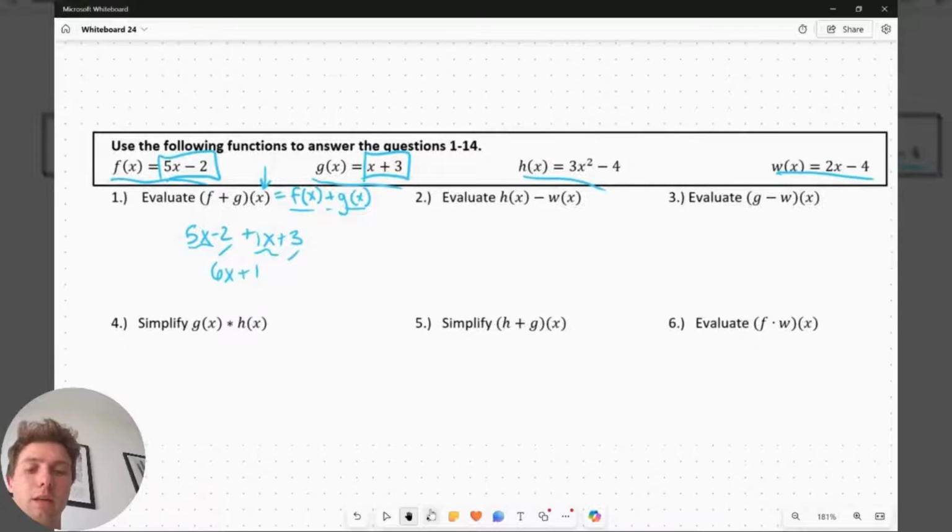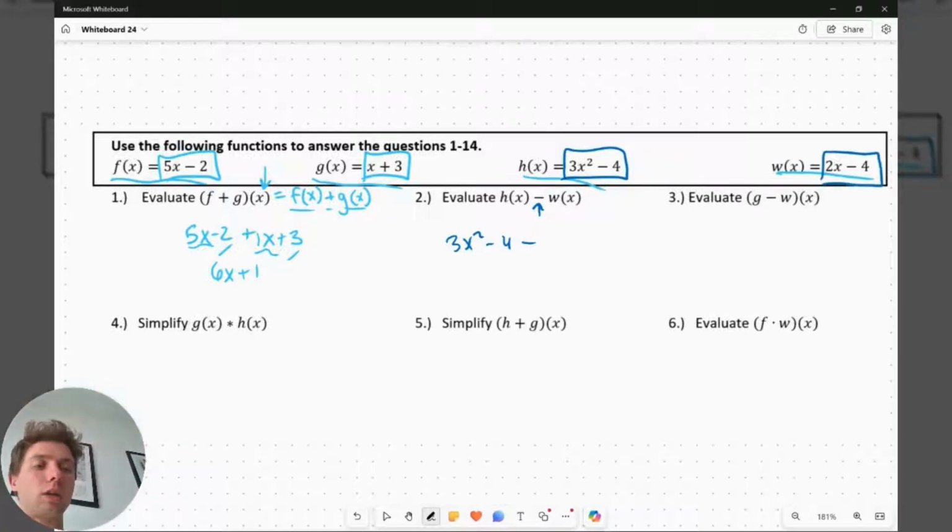For example, if I look at number 2, it tells me now that we are subtracting. The setup is still the same. I still want to take my h equation, in this case 3x squared minus 4. And I still want to subtract after that equation, where I'm subtracting the w equation over here on the right.